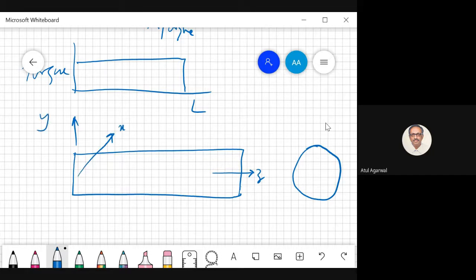Your x, y, and z-axis. You see the right-hand rule. If you turn the x-axis towards the y-axis, it is a counterclockwise rotation of the screw, and the screw will translate in the positive z direction. So here, this is your y-axis, and this is your x-axis.